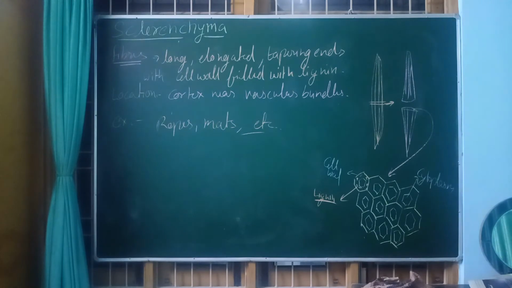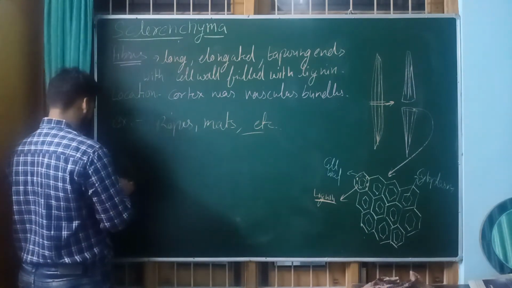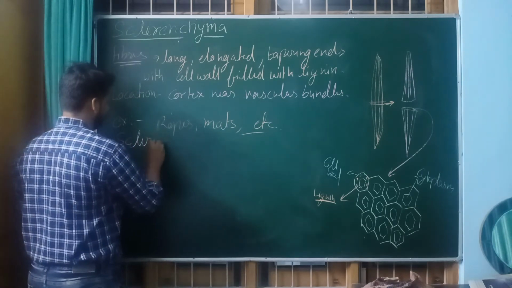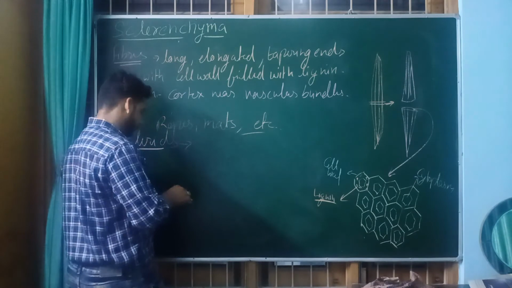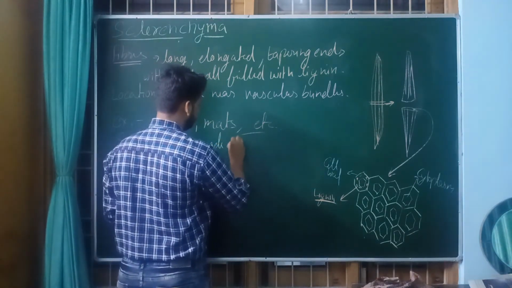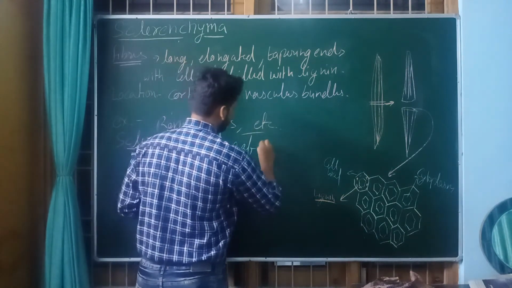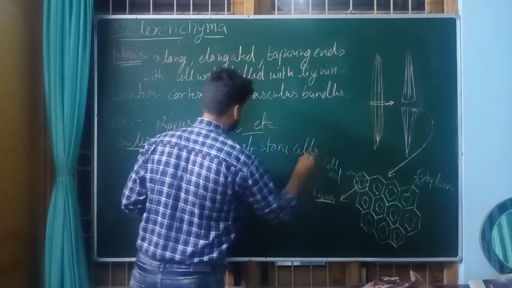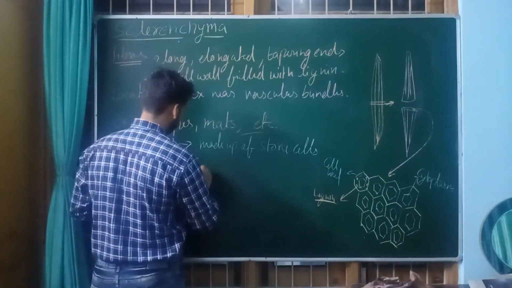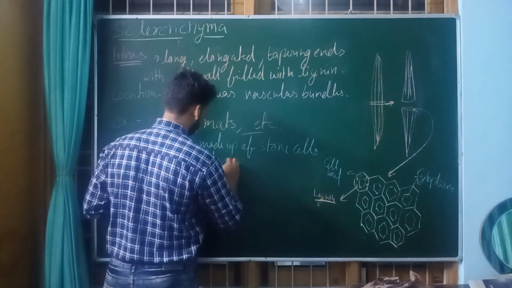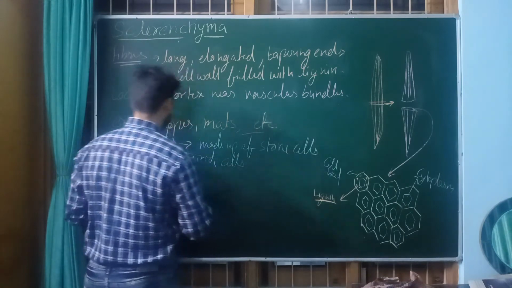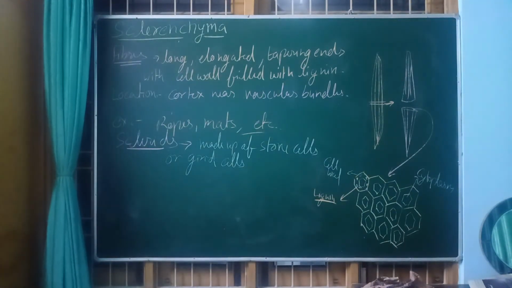Now we are talking about sclereids. Sclereids are made up of stone cells or grit cells.